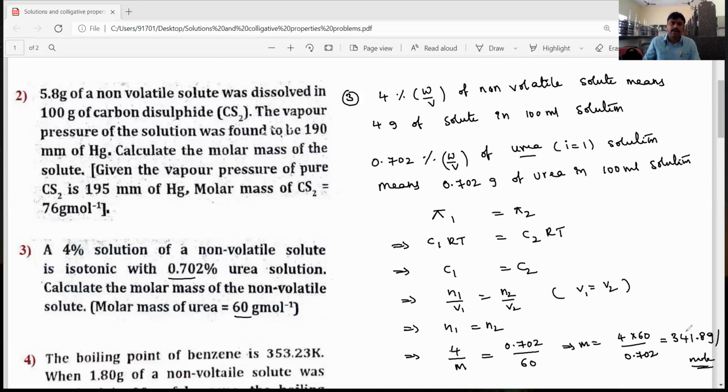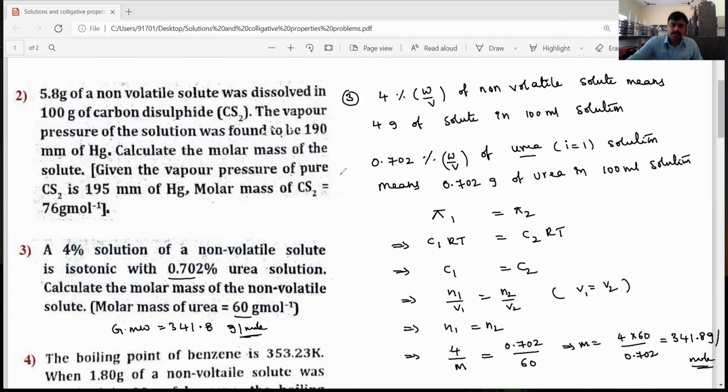Okay students, so the gram molecular weight of the non-volatile solute is 341.8 gram per mole. I already said in the last class that problems related to isotonic solutions are asked in board examinations as well as in objective exams also.